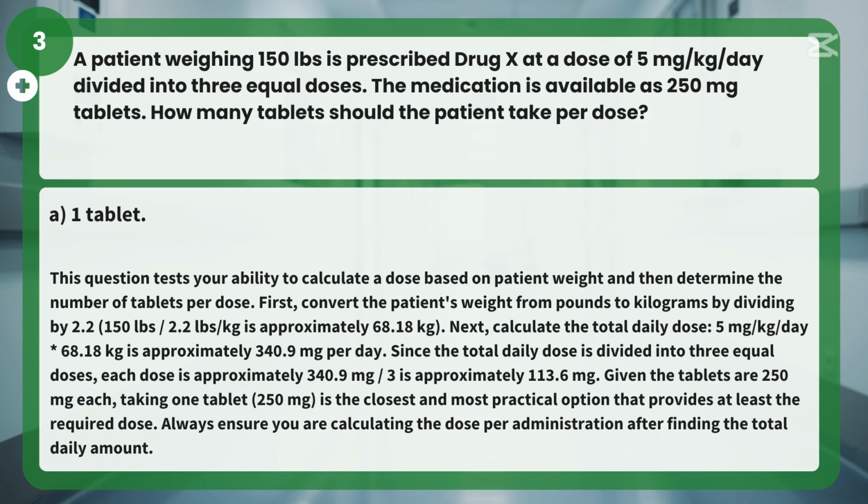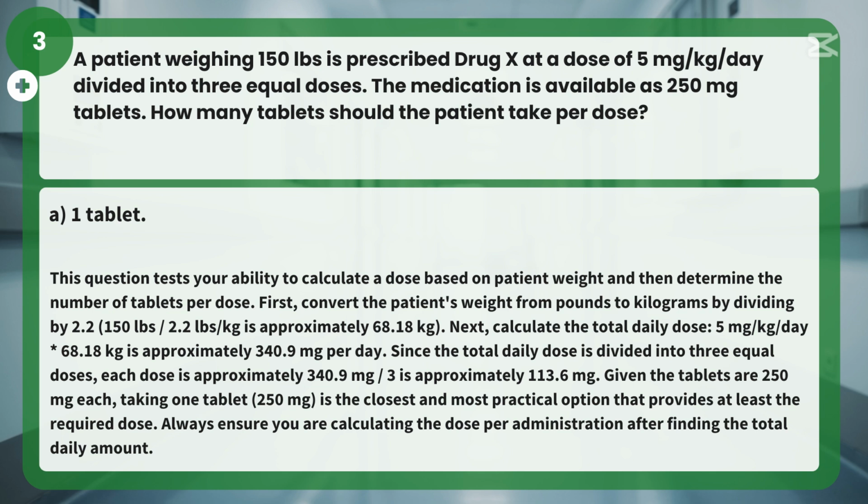Answer: A. 1 tablet. This question tests your ability to calculate a dose based on patient weight and then determine the number of tablets per dose. First, convert the patient's weight from pounds to kilograms by dividing by 2.2. 150 pounds / 2.2 pounds per kilogram is approximately 68.18 kilograms. Next, calculate the total daily dose. 5 mg per kilogram per day * 68.18 kilograms is approximately 340.9 mg per day.